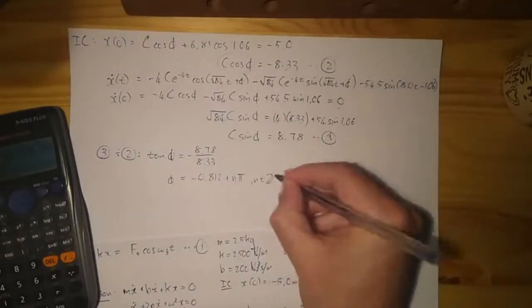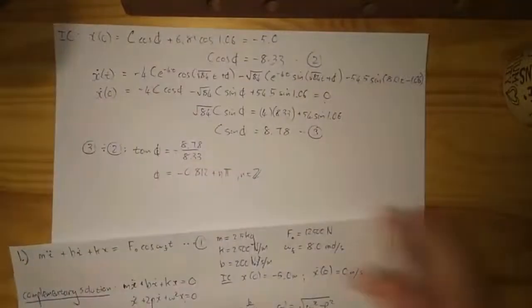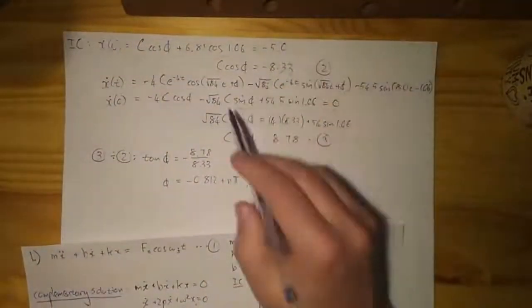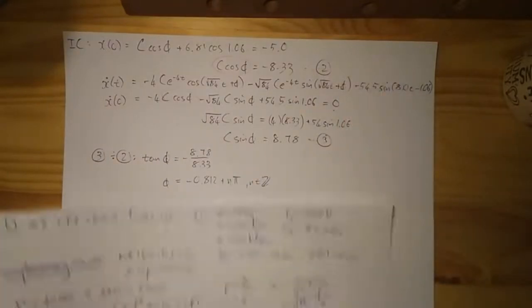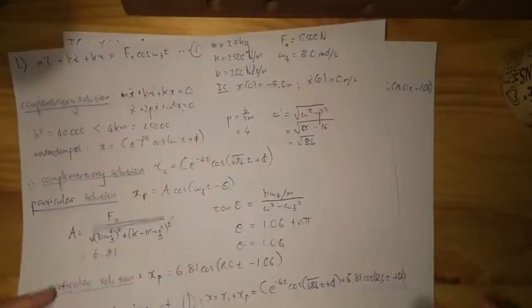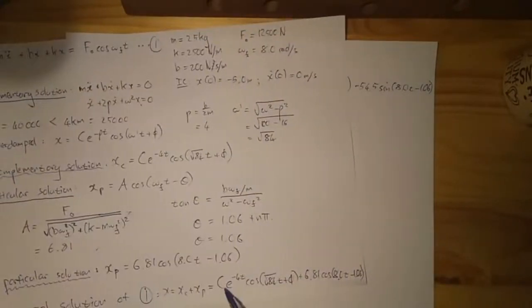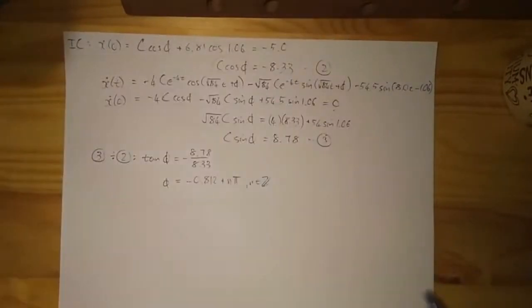Good. Okay, so now I can put this into either of these, so I can put it into 2 or 3 and calculate for c. And we'll preferably want a positive value for c. It's less of an imperative in these kinds of problems, but let's see if we can get a positive value.